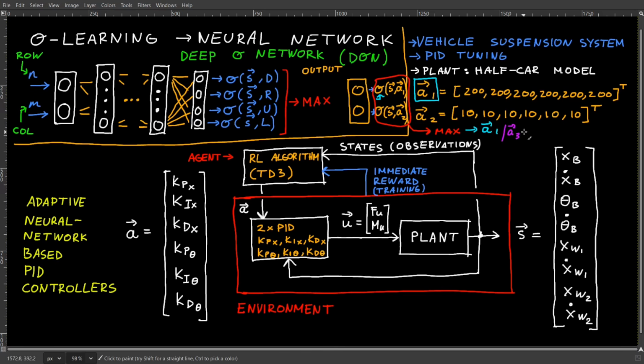If I created another action vector where 5 of my PID constants would be 10, just like in A2, but the 6th one is 9, then that would be a third possible action vector. In that case, I would have one more Q value corresponding to this action.